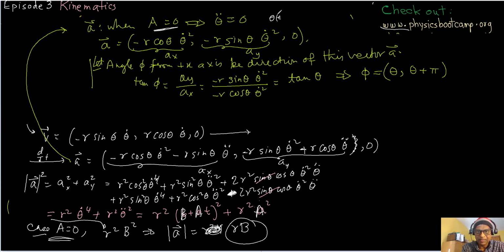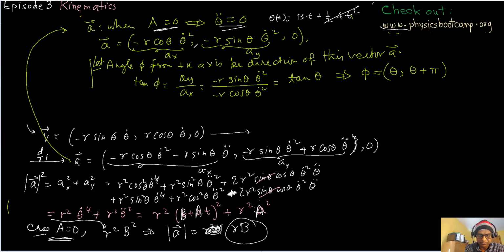So theta of t was bt plus half at square. Originally, when A is 0, then theta double dot, the second derivative of theta, will be 0, and then the acceleration will simplify considerably, and calling that ax and ay.